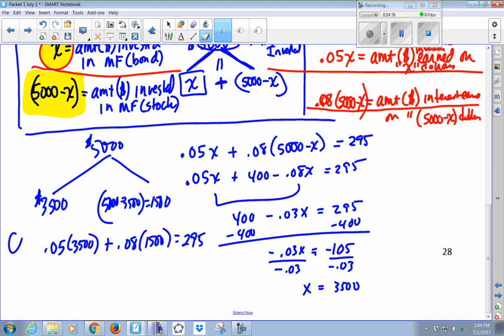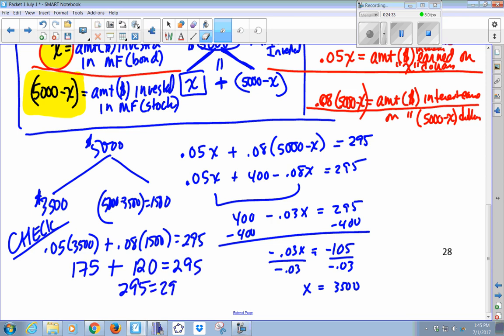So this is how you can check that your answers are correct. 5% of 3,500 is $175 plus 8% of $1,500 is $120. Those two equal 295. Okay, so that's how you approach these problems.